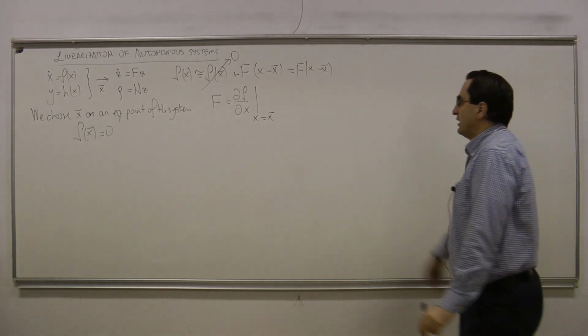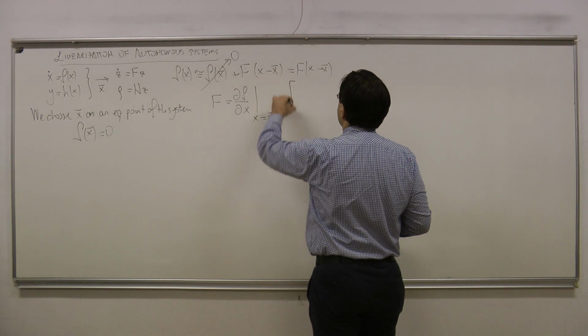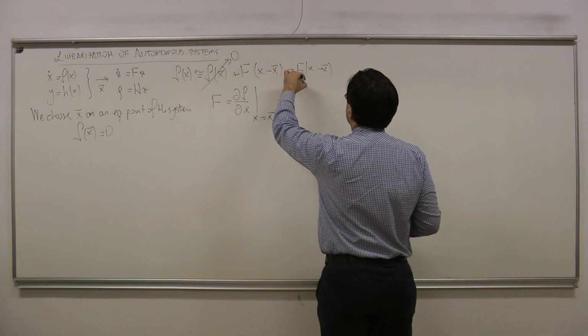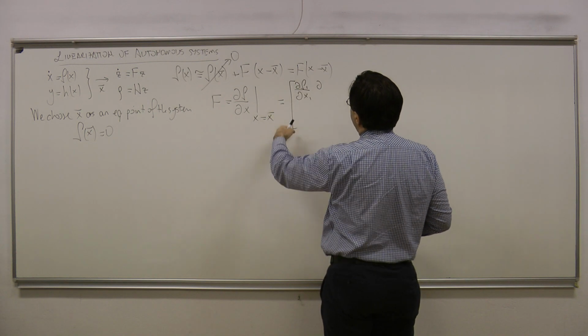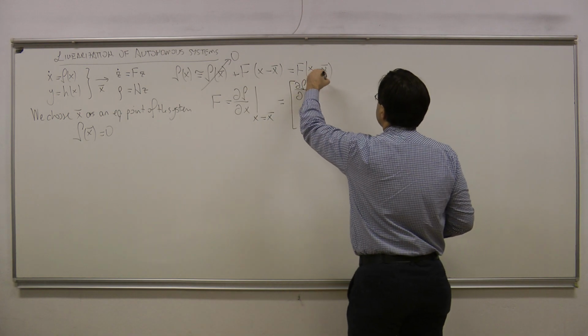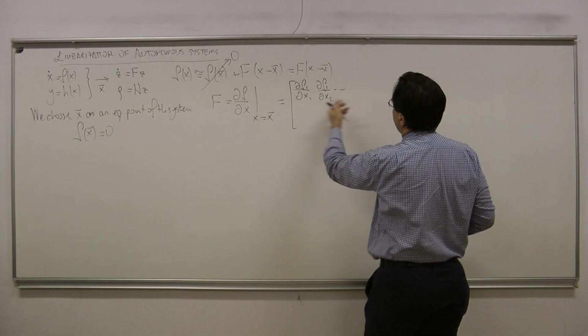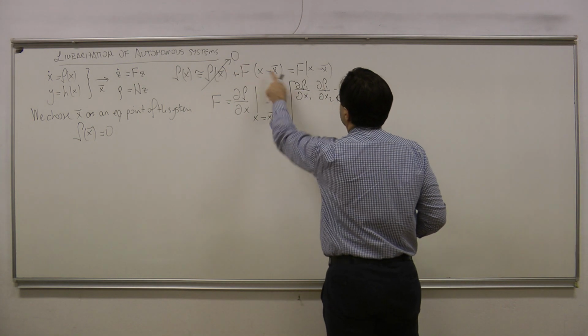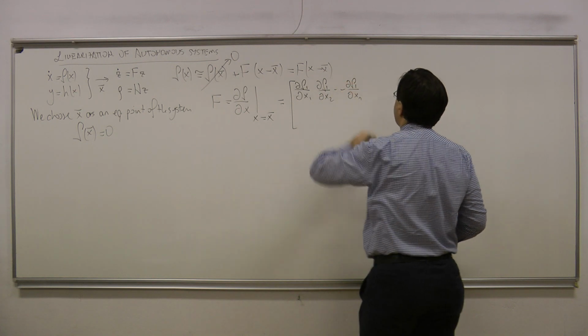Remember that while trying to obtain the Jacobian matrix, I am actually trying to write all components of del f1 over del x1. So the rows are with respect to the different components of f, del f1 over del x2, and the columns are for different elements of x, and that is going to be del f1 over del xn.